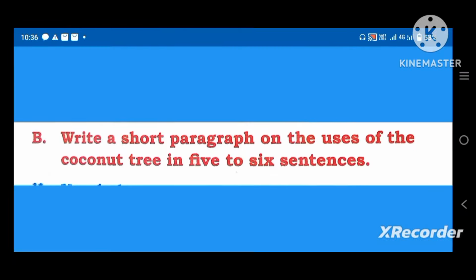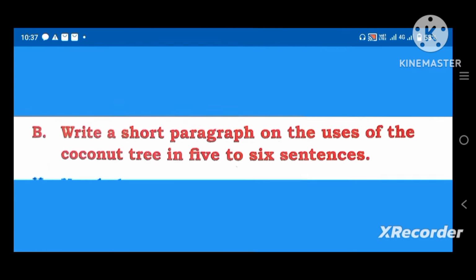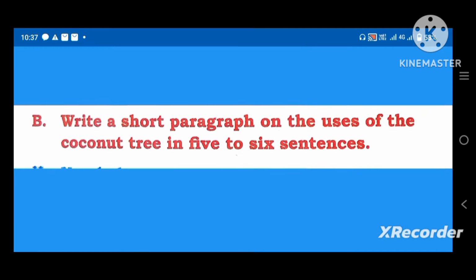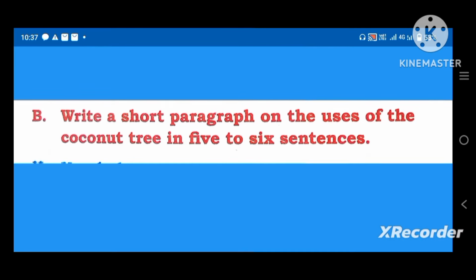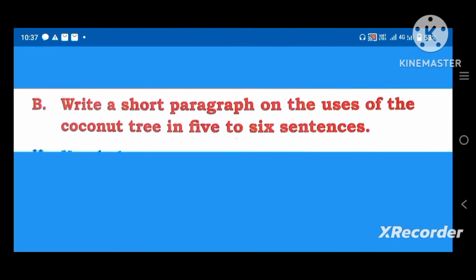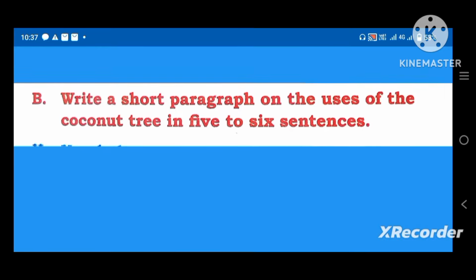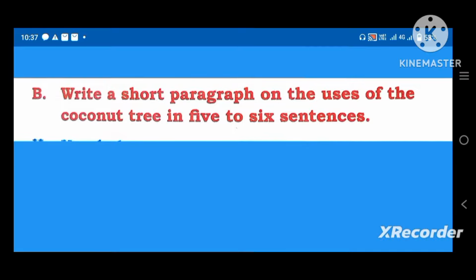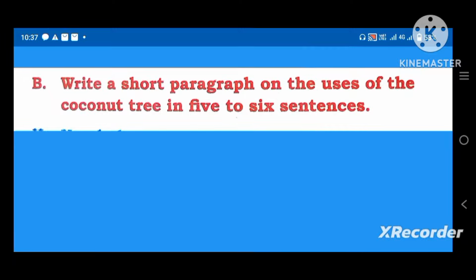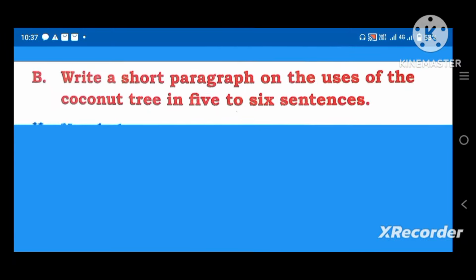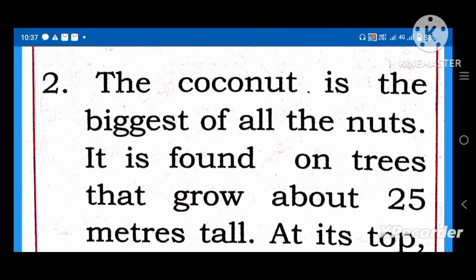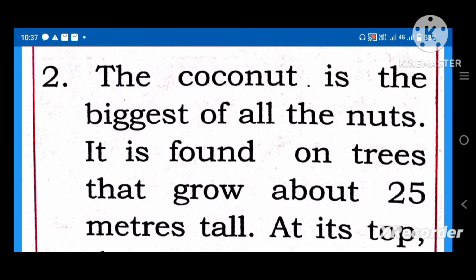Main B. Write a short paragraph on the uses of the coconut tree in 5 to 6 sentences. The coconut tree is the biggest of all the nuts.